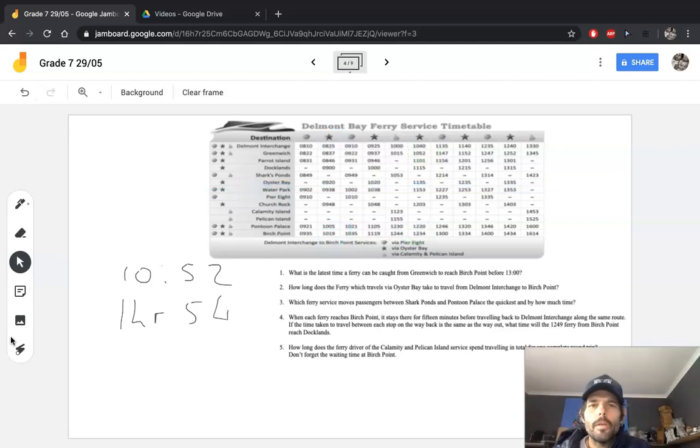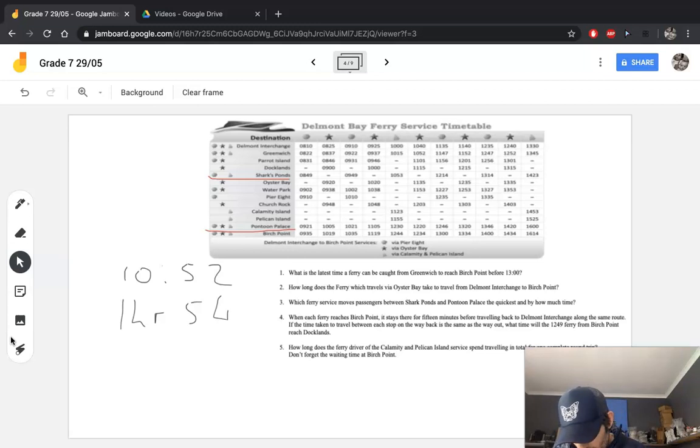Question 3, which ferry service moves passengers between Shark Ponds and Pontoon Palace the quickest, and by how much time? So if you have a look, there is a Shark Pond service that goes past Pier 8, and that gets to Pontoon Palace.